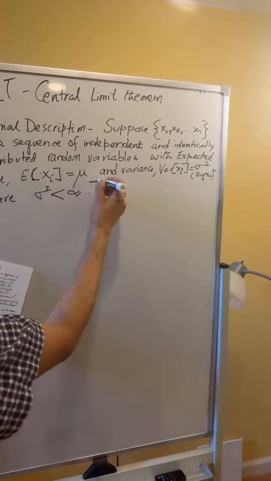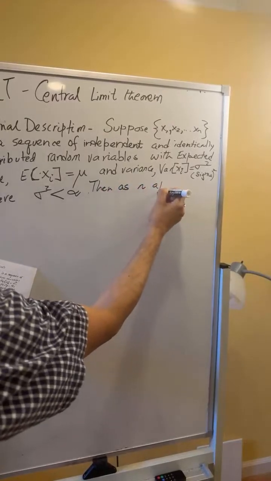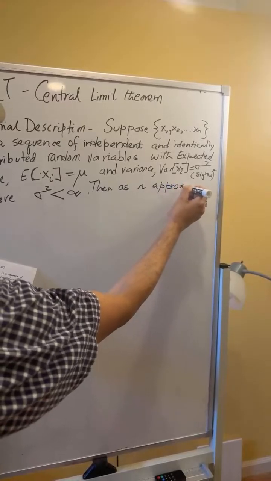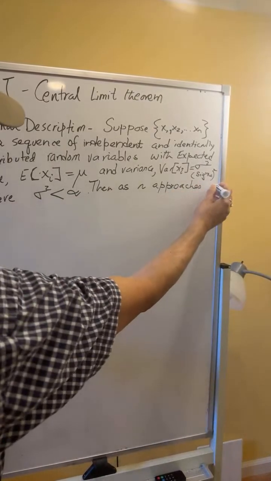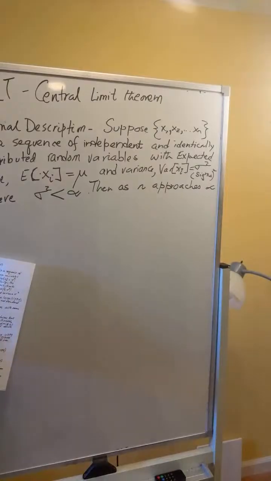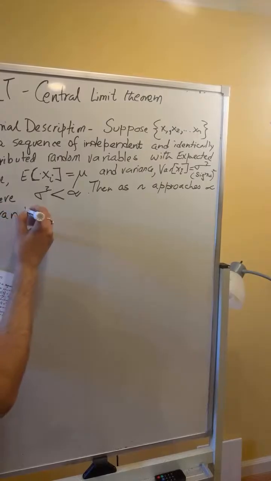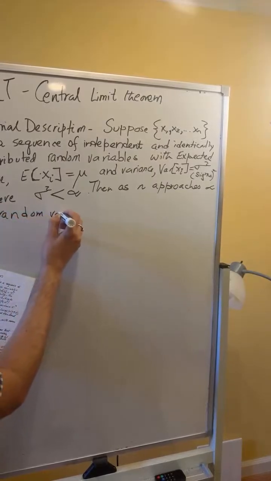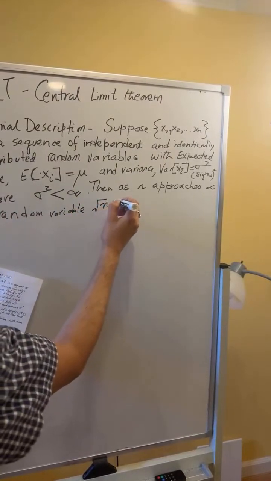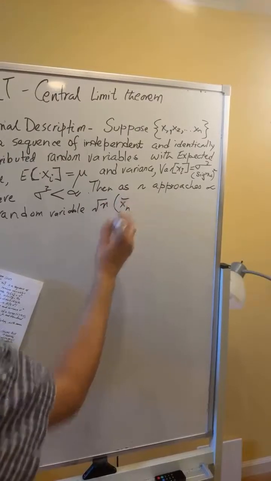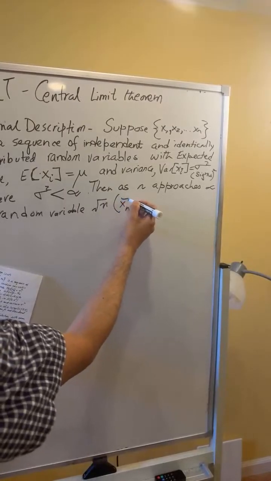Okay, and then as n approaches infinity, let's say the sample size approaches infinity, the random variable square root of n times the mean of the sample, X n bar. Remember, this is the mean, this is the bar.